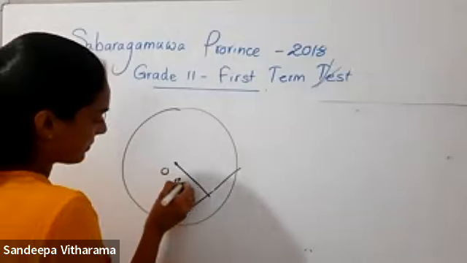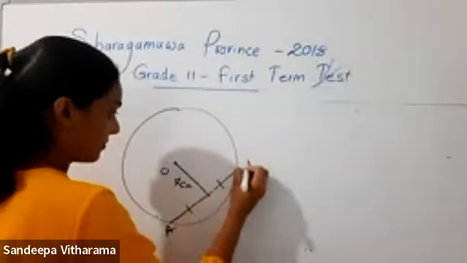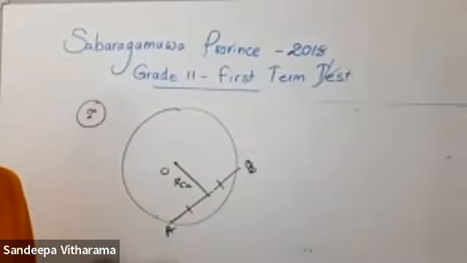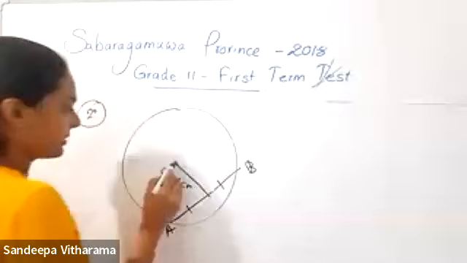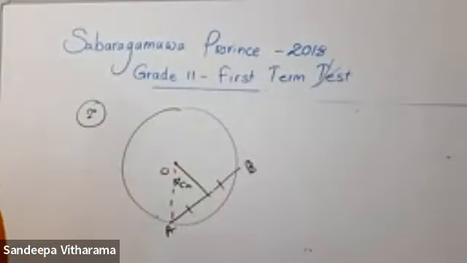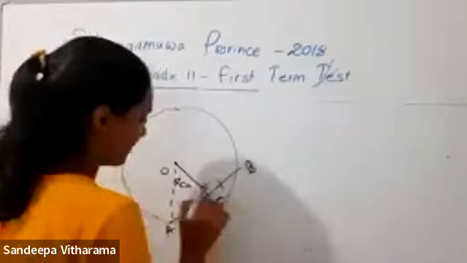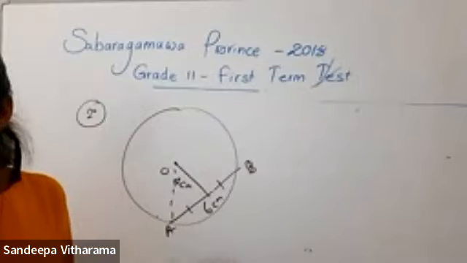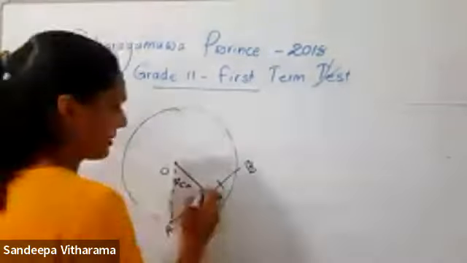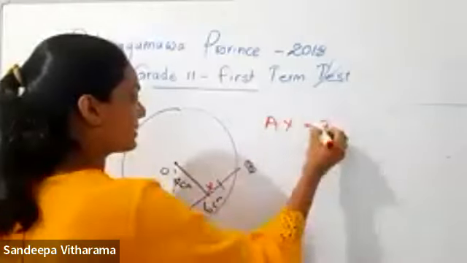This is 4 centimeters. This is A, B. You have to find the radius. They have given that AB is equal to 6 centimeters. If I consider this as X, then AX is equal to 3 centimeters.